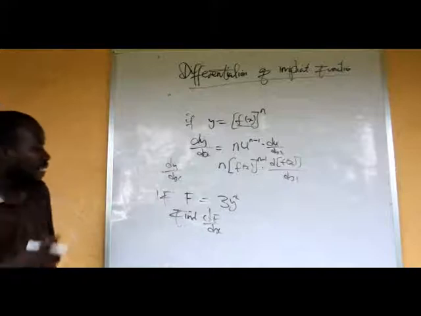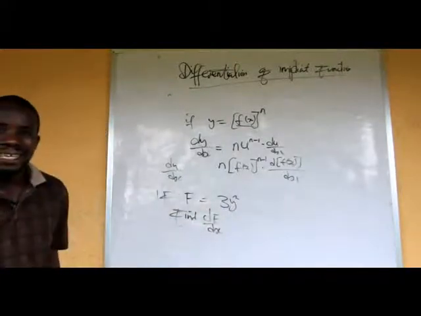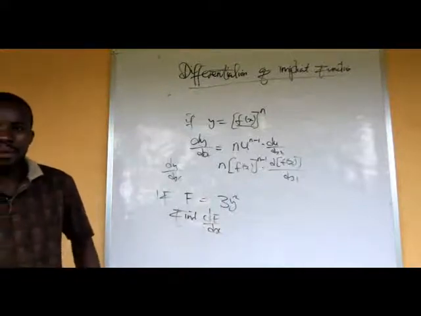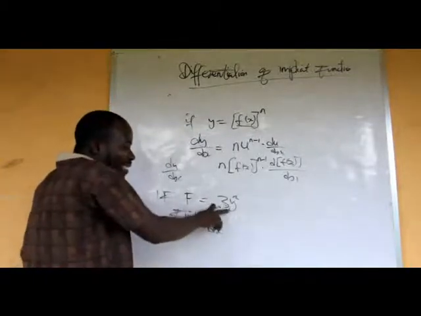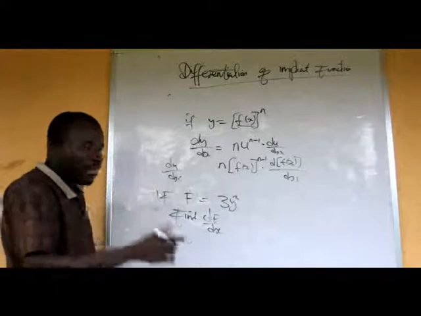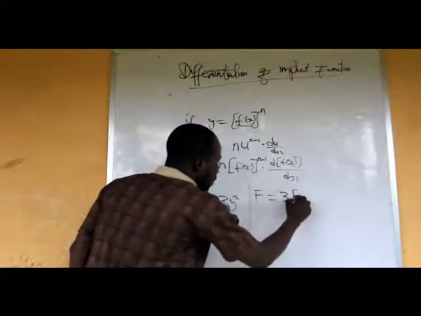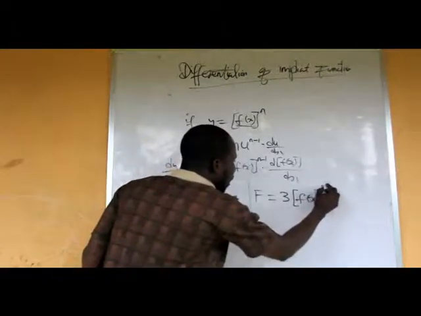Now, it means that this particular y you are seeing is a function of x. Maybe cos x, maybe sin x, maybe exponential x. So you can decide to write this as a function of x. So you write it like this, maybe f equals 3 into f of x all raised to power 2.